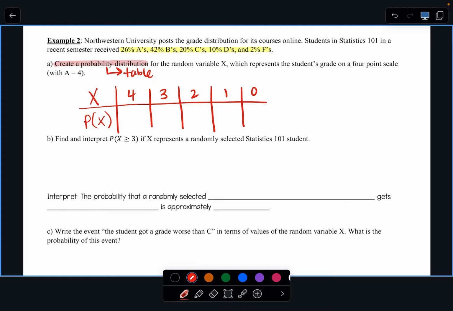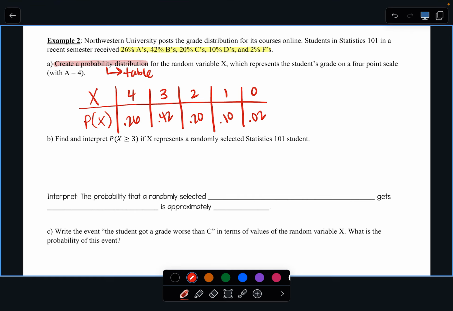And then all I have to do for this probability distribution table is fill in the probabilities. So that's going to be 0.26, 0.42, 0.20, 0.10, and 0.02. And that would literally be it.